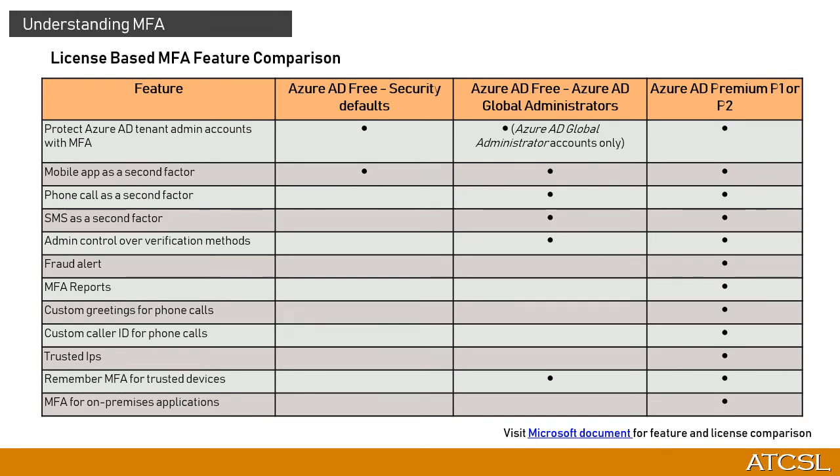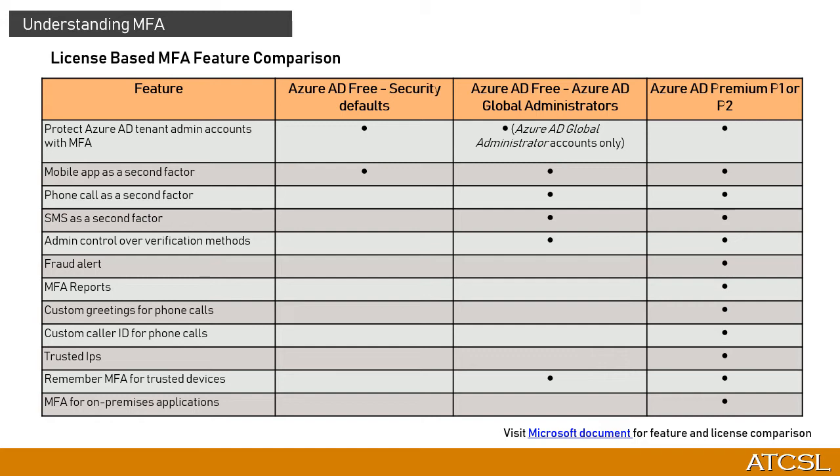Even before we look into the planning of the MFA deployment, let us first try to understand the differences, or compare the features, of the free version of the MFA, which is there for the Azure AD Free, and the license-based MFA. When we are talking about the license-based MFA, it is about Azure AD Premium P1 and Azure AD Premium P2.